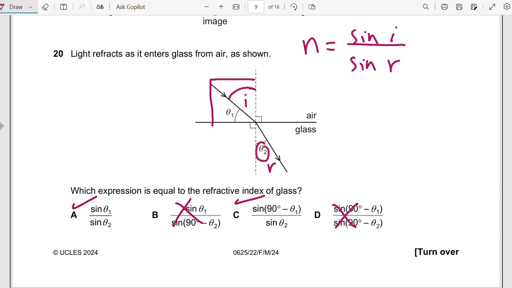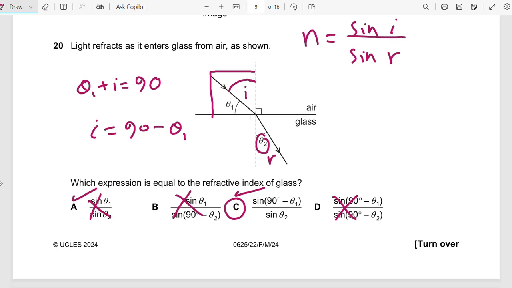Both of them, theta 1 plus I equals to 90. So if I want, I is going to be 90 minus theta 1. Right? So instead of I can put 90 minus theta 1, which is obviously option C. Okay, A is wrong. I hope it's clear, guys.